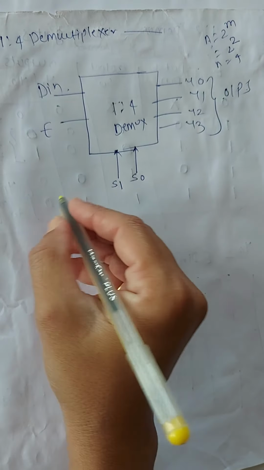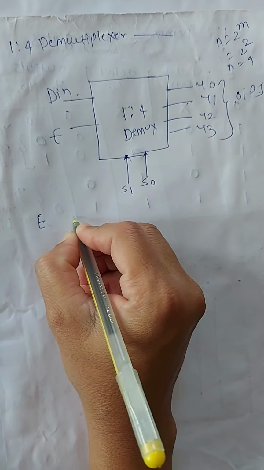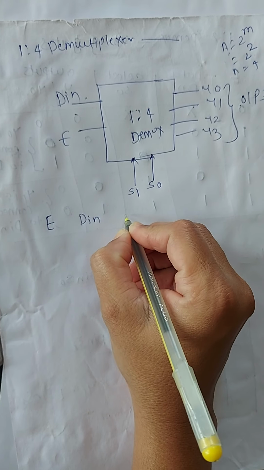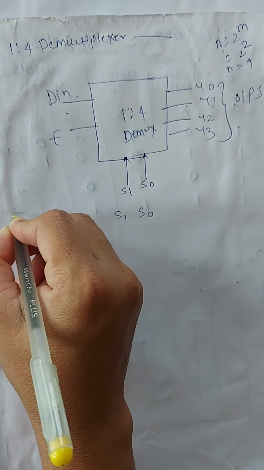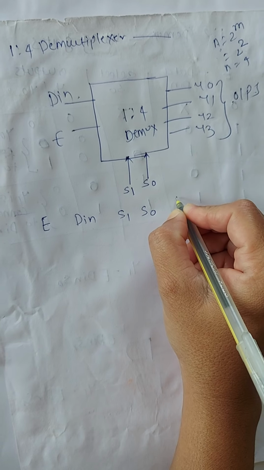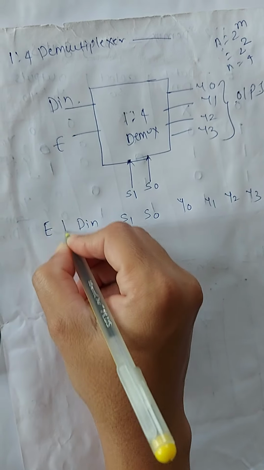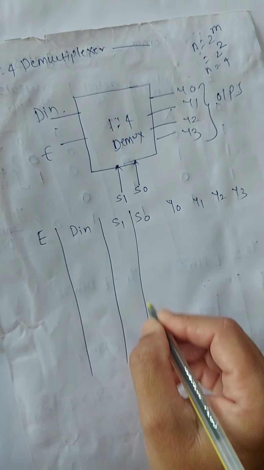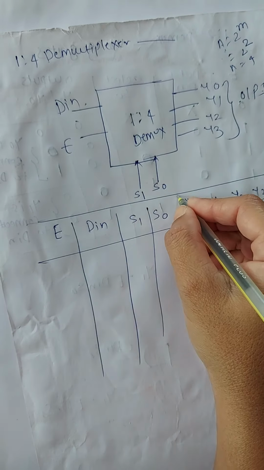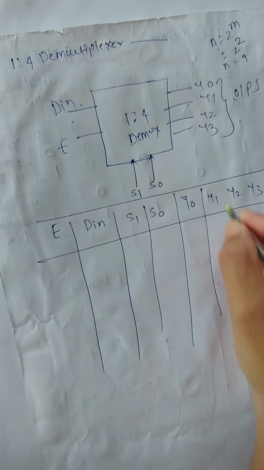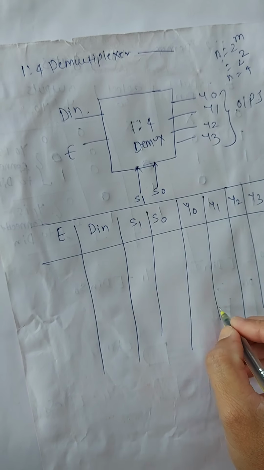Next, the truth table. Enable E, D in input, S1, S0, and the 4 outputs Y0, Y1, Y2, Y3. These are the outputs Y0, Y1, Y2 and Y3.